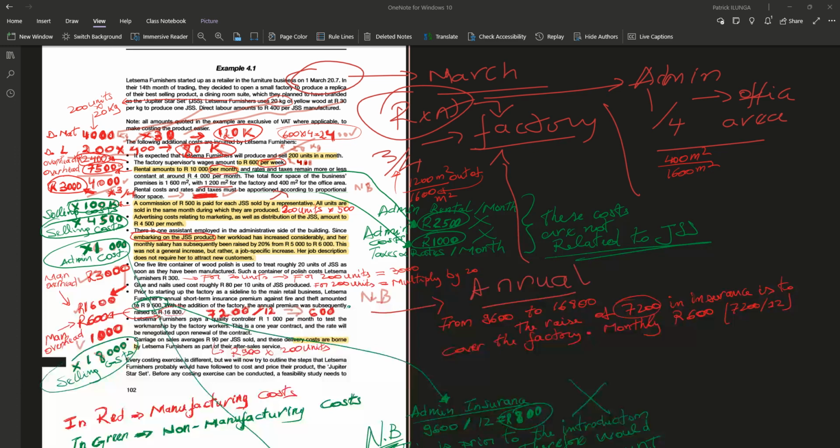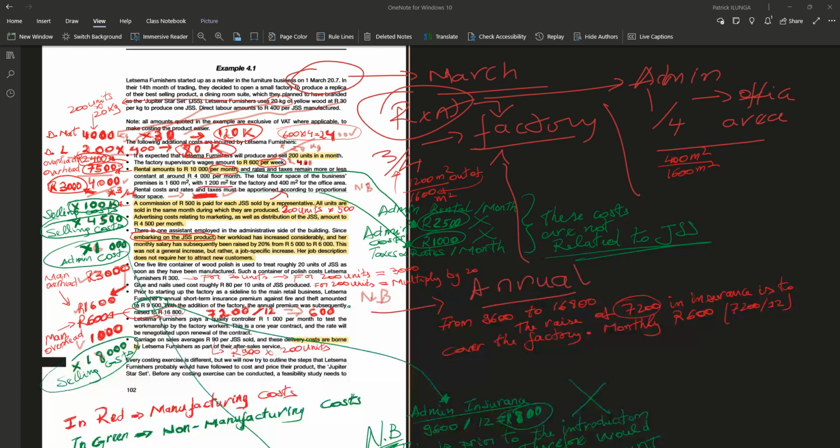All right. So when we're looking at the commission on bullet number 4, it says that the commission of 500 is paid for each JSS sold by a representative. All units are sold in the same month during which they are produced.